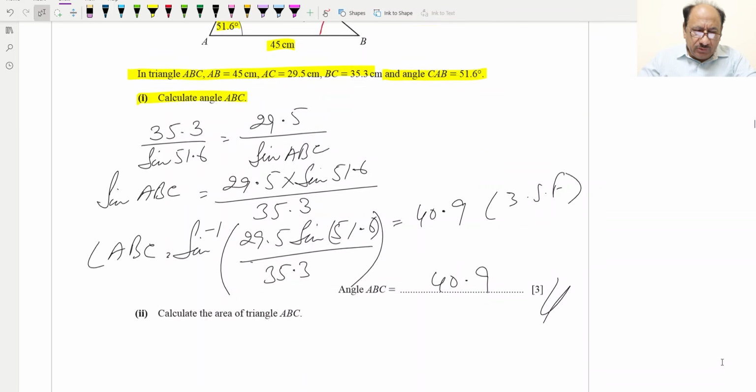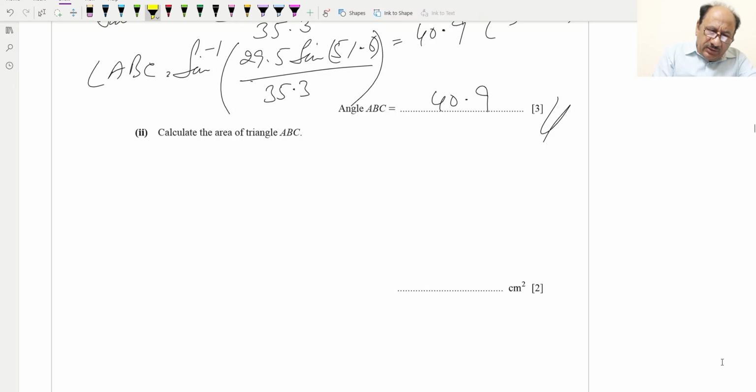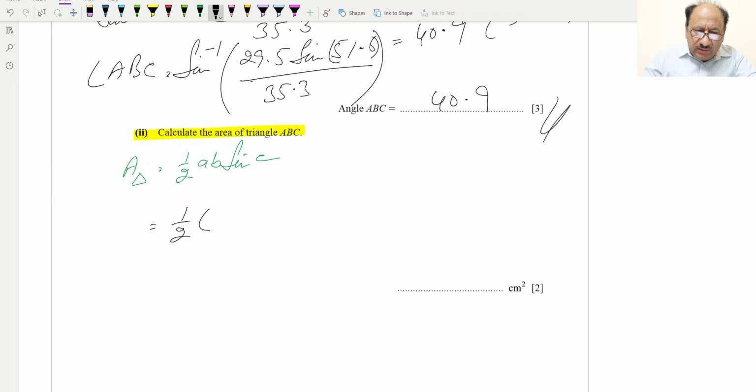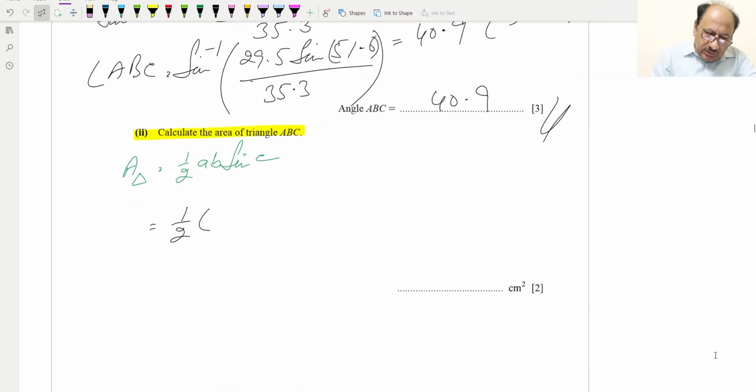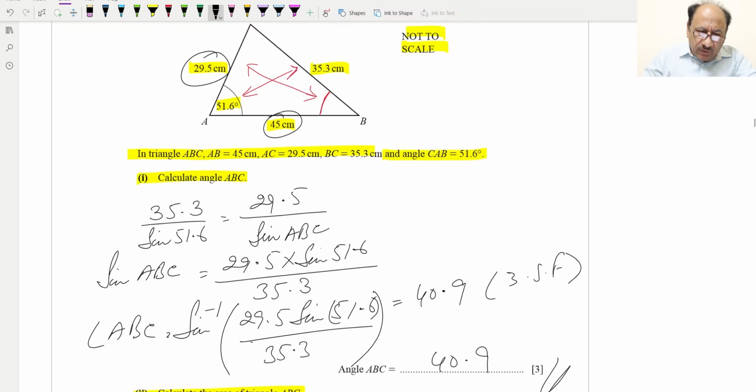Hopefully you understood this. Then they're saying find the area of the triangle, and the area of the triangle formula we know: area of the triangle is equal to half into a b sine C. In this formula we can replace the values, and area of the triangle will be equal to 1 by 2. One side is 29.5 and the other side we can take 45, so 29.5 into 45 into sine of angle 51.6.